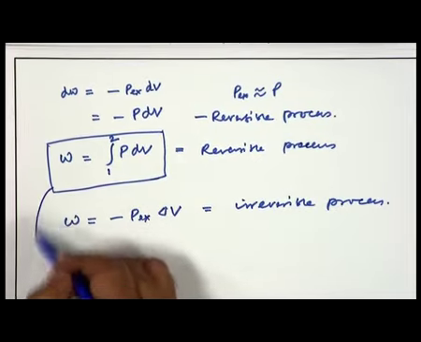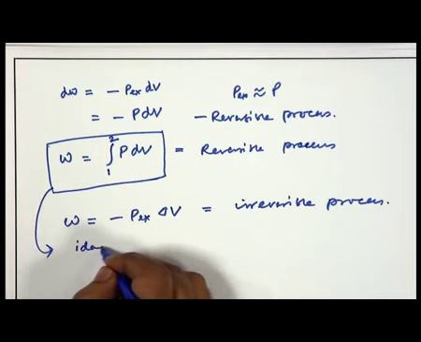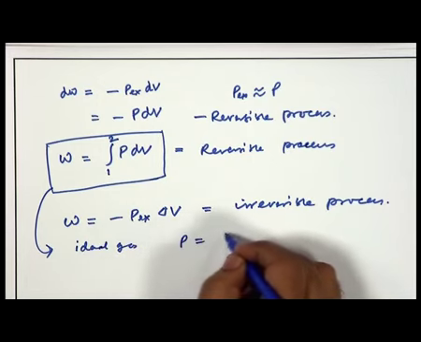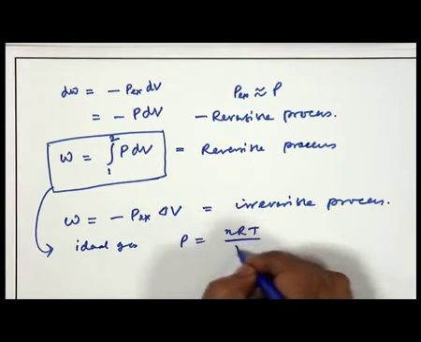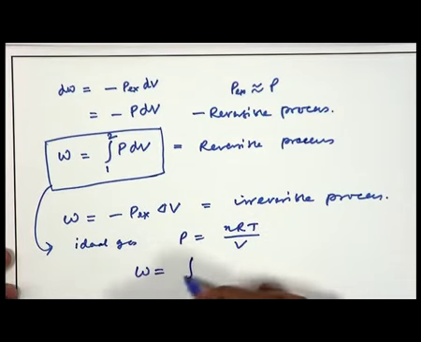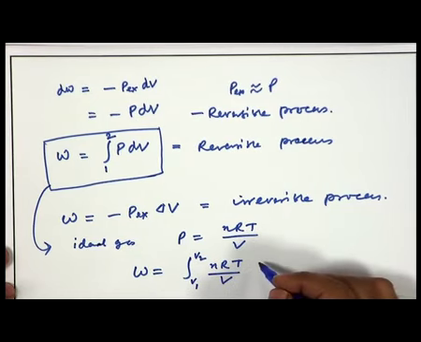If I just extend to an ideal gas case, in ideal gas P is equal to nRT by V. So, W would be the integral from V1 to V2 of nRT by V dV.